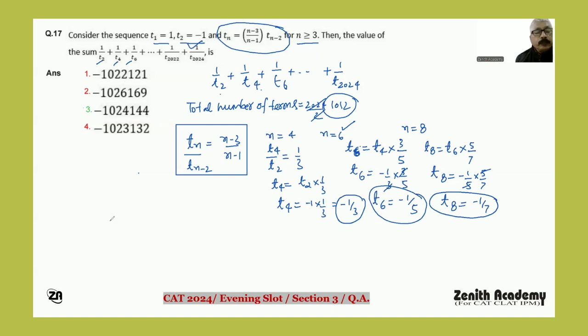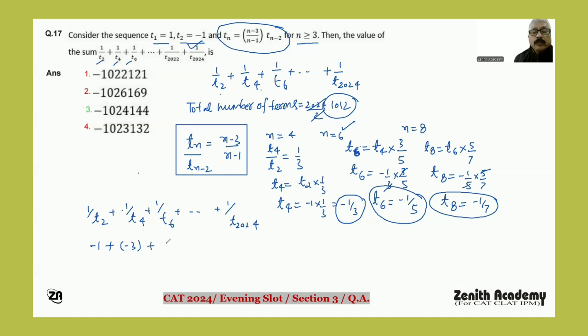It is 1 upon T2, 1 upon T4, 1 upon T6 plus dot dot dot 1 upon T2024. 1 upon T2 is minus 1. Plus 1 upon T4. T4 is minus 1 upon 3. Okay. So 1 upon T4 is minus 3. T6 is minus 1 upon 5.